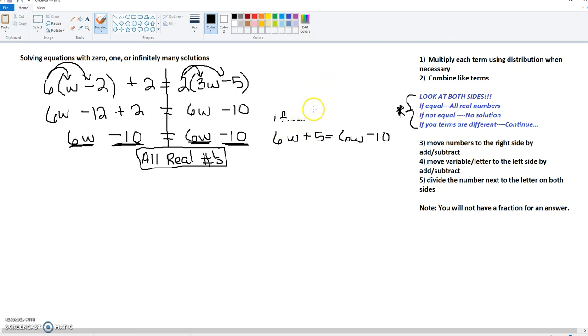If you solved an equation and got down to this line, notice that both of the 6w's are the same. I'm going to highlight these in different colors. But notice here we've got a positive 5 and a negative 10. Is that equal? No. So since this is not equal, they are not the same on both sides, at this point you can select no solution in ALEKS.